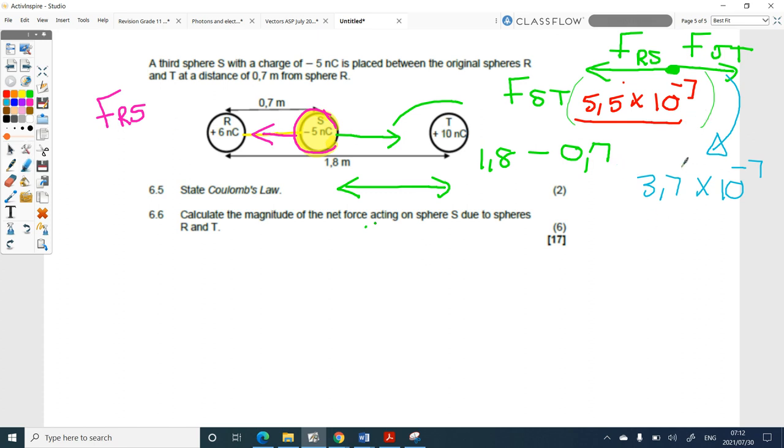So now we've got the two forces. We've got 5.5 times 10 to the minus 7. We've got 3.7 times 10 to the minus 7. And now we just need to get the net force. Now remember what our rule is. F net is equal to winning forces minus losing forces. Which of these two is winning?